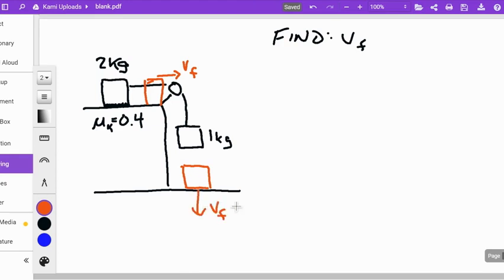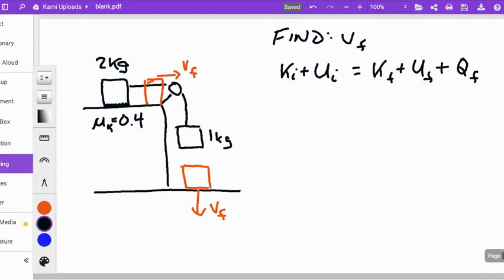Of course, after it hits, it stops, but we're interested just before it hits. So that's going to let us set up our equation. I'm going to write my kinetic energy plus potential energy initial should be equal to the kinetic energy plus potential energy plus thermal energies final.